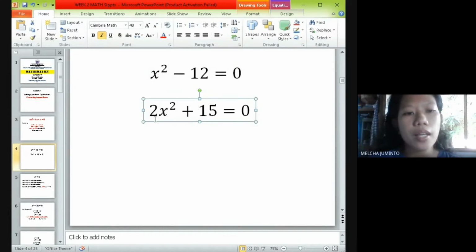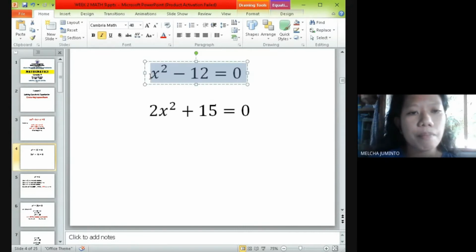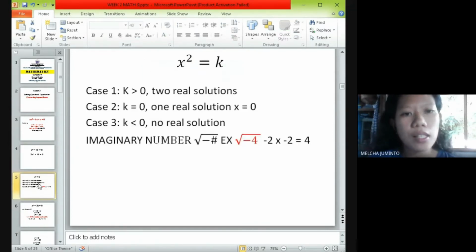The value of a is 2. The value of c is 15. B is not found in the equation because b is equal to 0. This equation can also be solved using the same method, extracting the square roots. So you just need to remember that extracting the square roots will be used every time the quadratic equation does not contain the value of bx. Okay, let us move to the next slide.